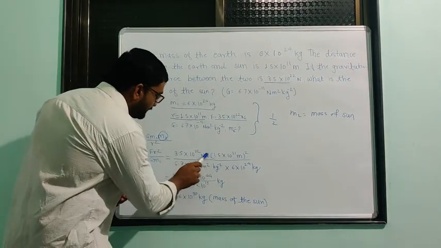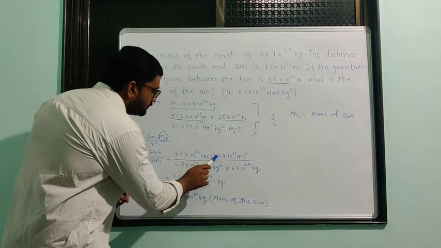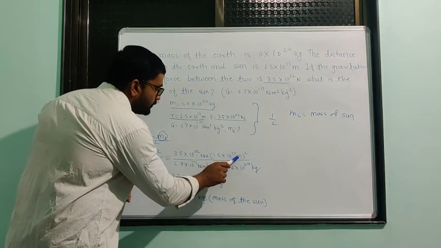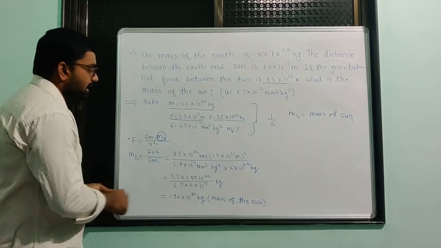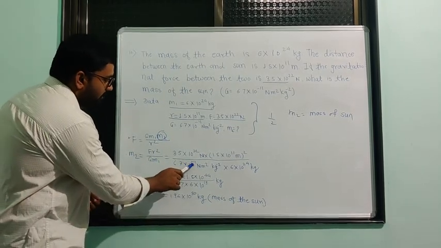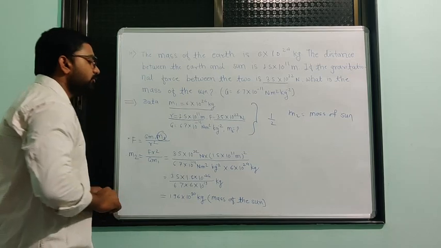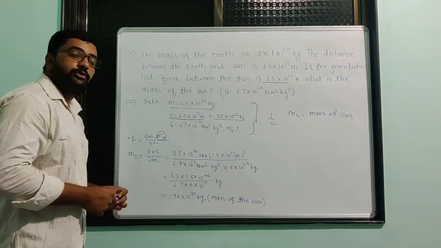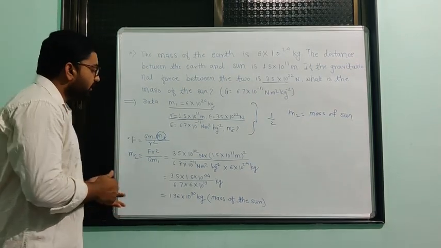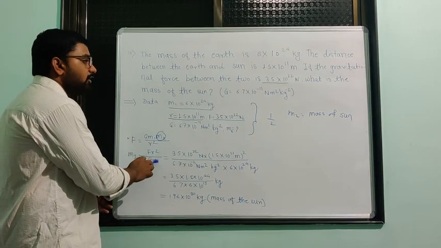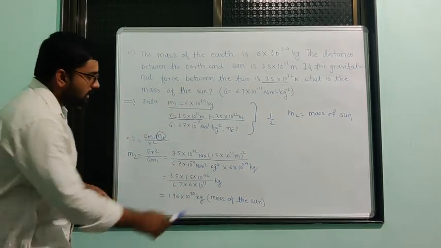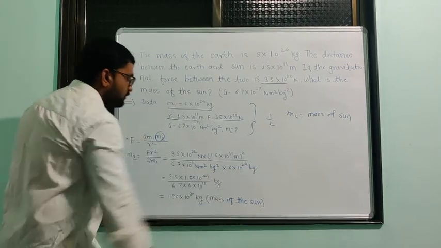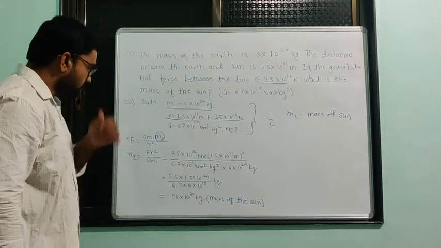So we take F r square, where r is 1.5 × 10^11 and its square, divided by capital G, which is 6.7 × 10^-11 Newton meter square per kilogram square, a constant value. And M1 is the mass of earth, 6 × 10^24 kilogram.